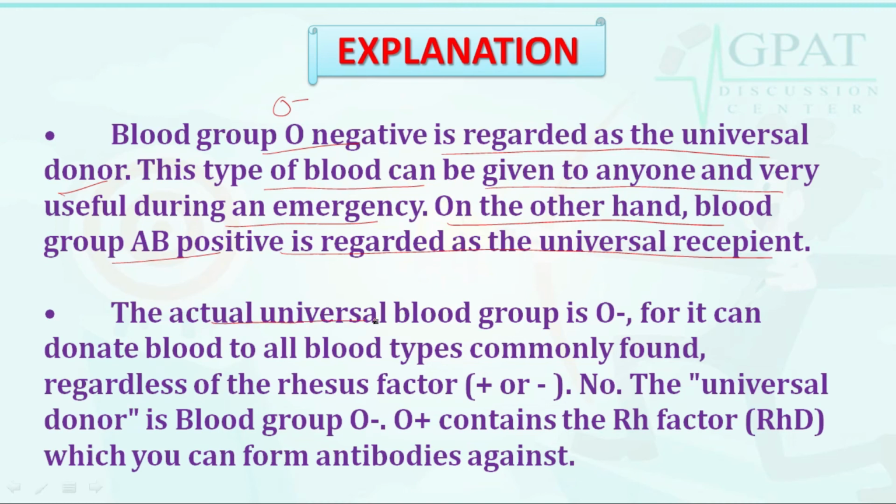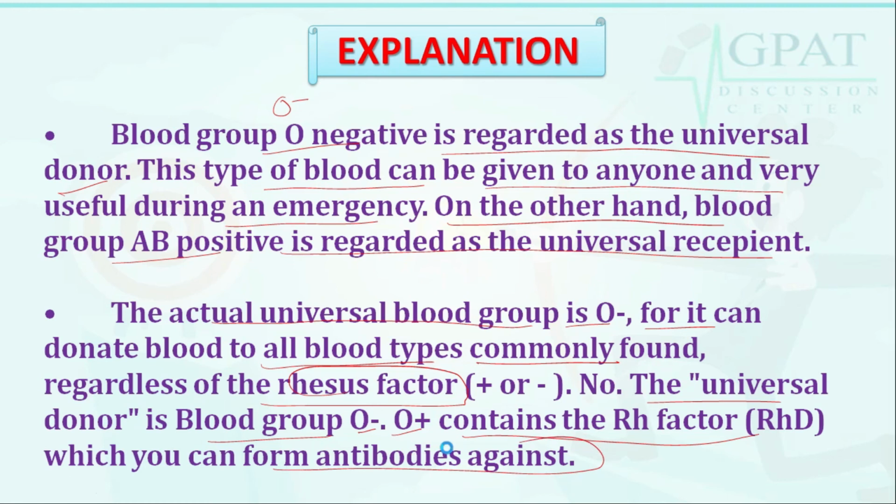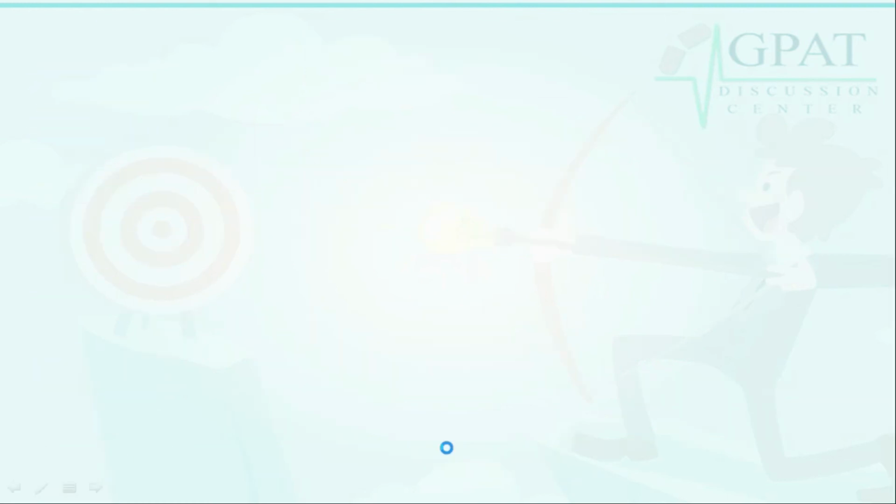The actual universal blood group is O negative, for it can donate blood to all blood types commonly found regardless of the Rhesus factor. The universal donor is blood group O negative, and O positive contains the Rhesus factor which you can form antibodies against. So that's all about this question.